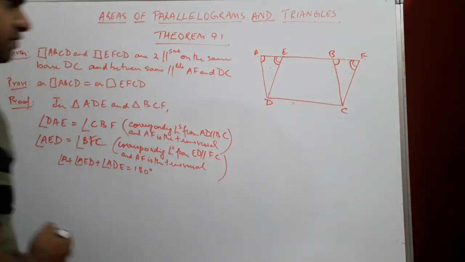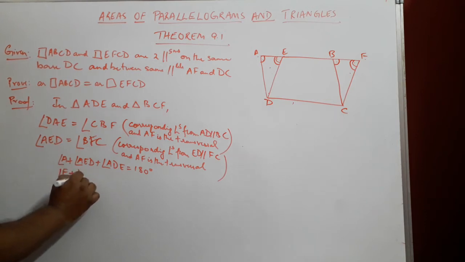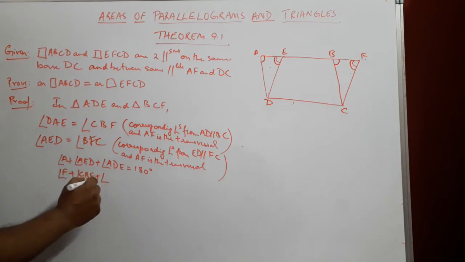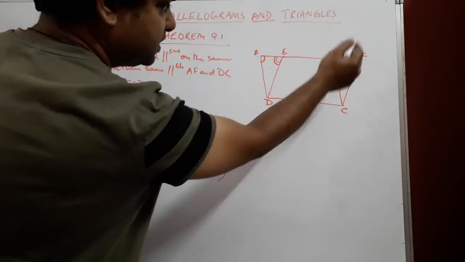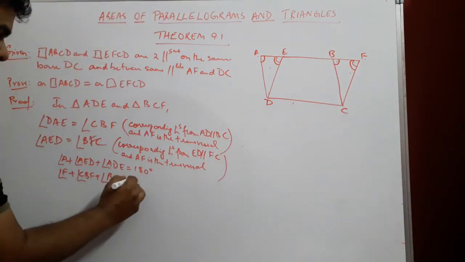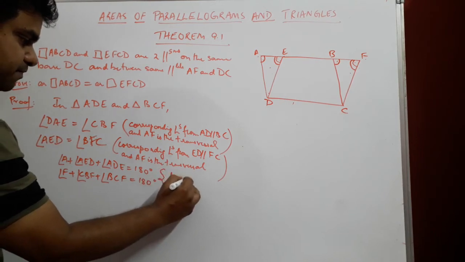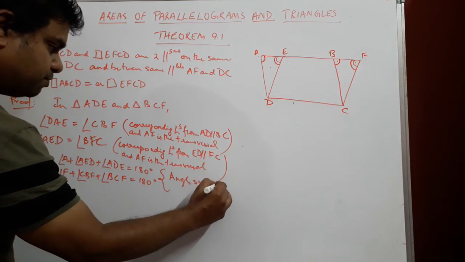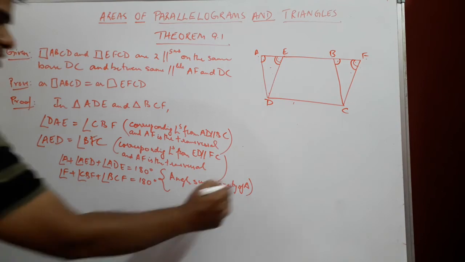Similarly, in this case of this particular angle, we can take angle F plus angle CBF plus angle BCF equal to 180 degrees, and for both we can say angle sum property of triangles. And you close the bracket.